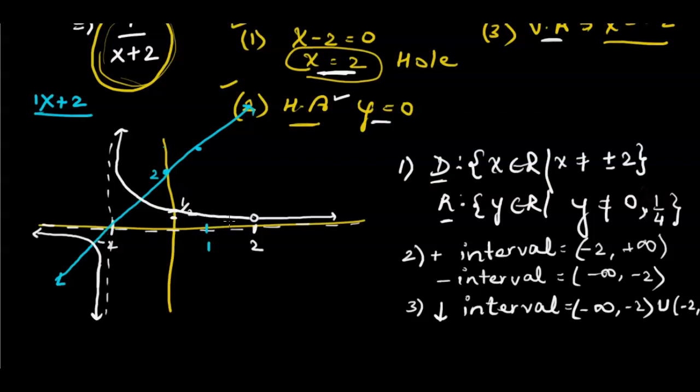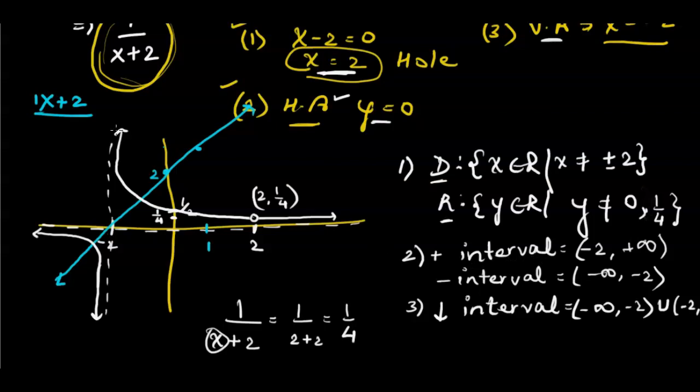How do we find out the y coordinate? Because our expression is 1 over x plus 2, we just have to sub in this 2 value in place of x, and this gives us 1 over 4. So there is a hole at (2, 1 over 4). Therefore, we put 1 over 4 for y not equal to it in the range.